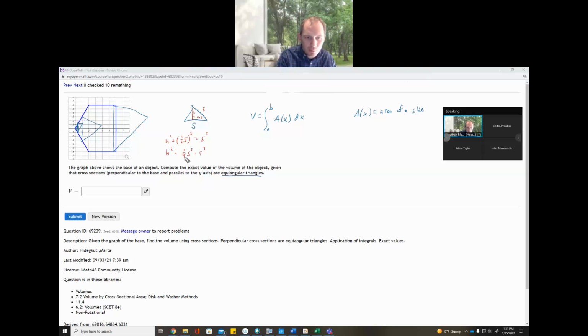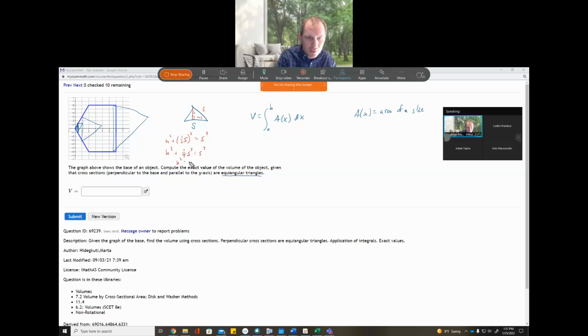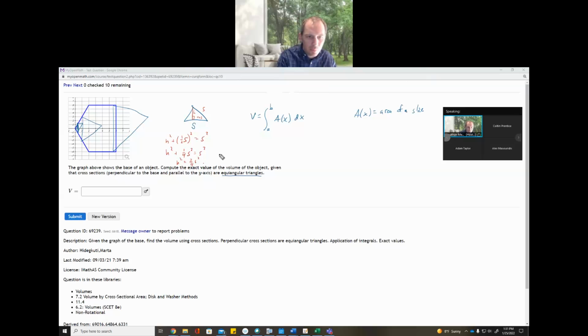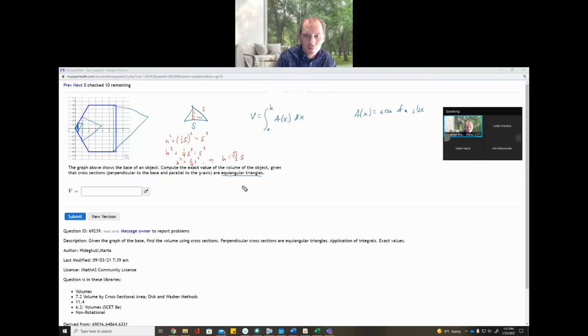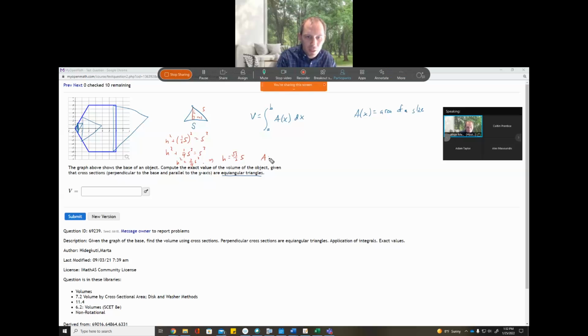If I subtract 1/4 S squared from both sides, I'll get 3/4 S squared. And then when I take the square root, I'll get that the height is √3/2 times S. So then my area is √3/2 S, that's the height, times the base, times 1/2.